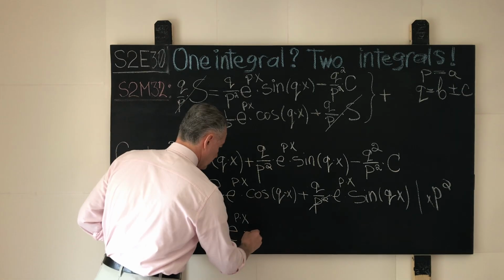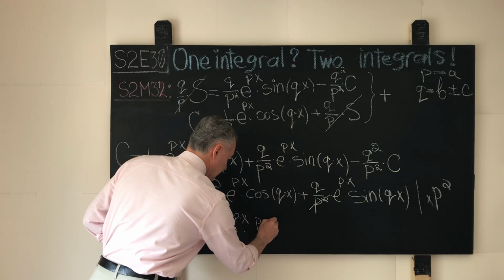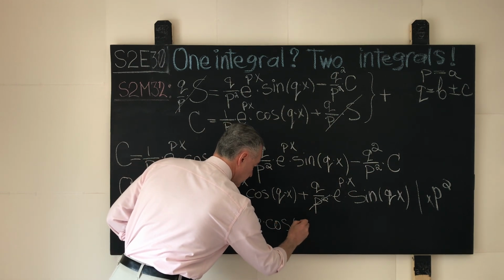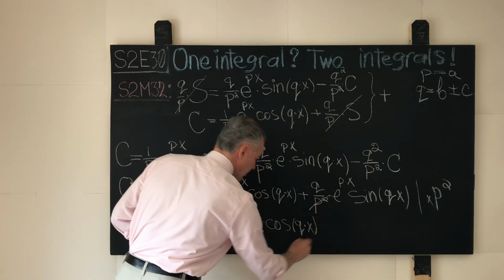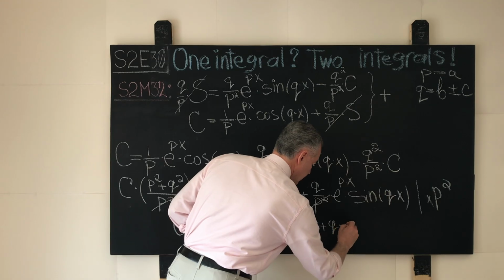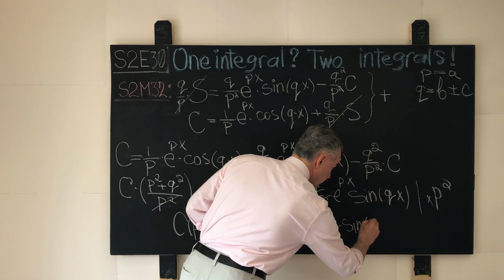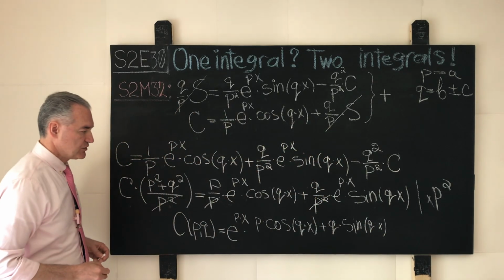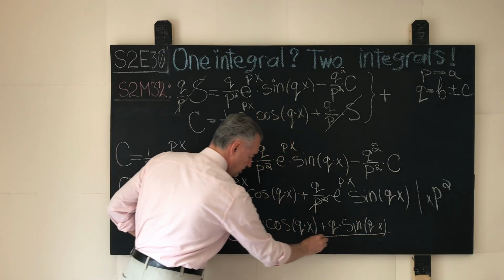Now, what do we have in the numerator? We have p times the trigonometric function of cosine evaluated at the argument q times x plus q times the trigonometric function of sine evaluated at the argument q times x.